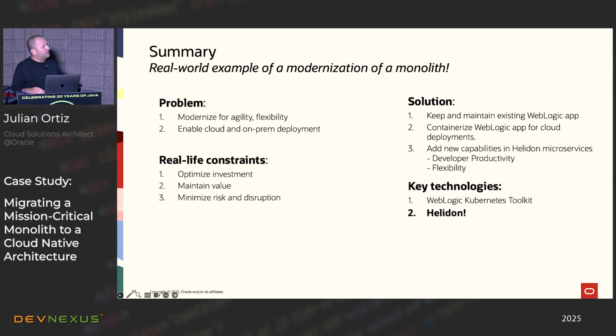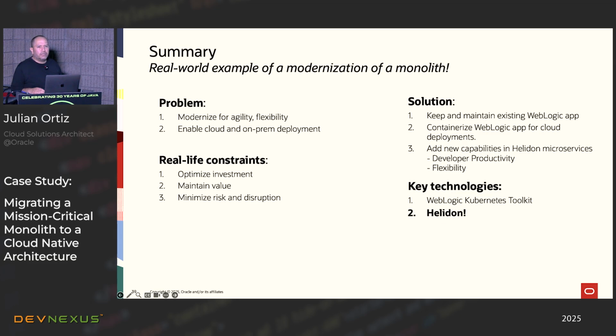And the solution that I shared is that we containerize the application server, move it to Kubernetes, and then with microservices built on top of the Helidon framework, we were able to increase developer productivity and flexibility for the application.